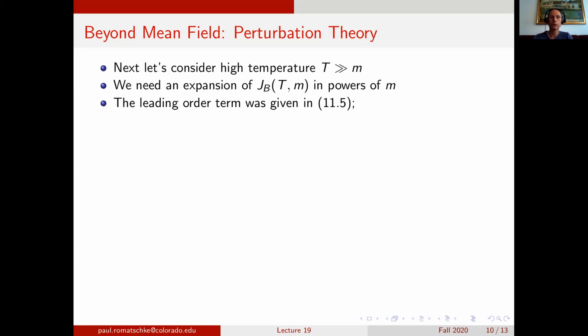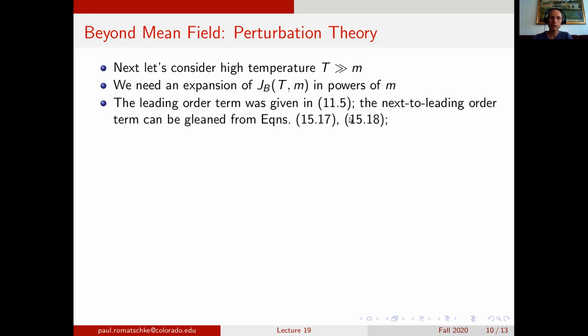Specifically, the leading order in the expansion of small mass of this function J_B was given in equation 11.5, and the next leading order term can be gleaned from equations 15.17 and 15.18.